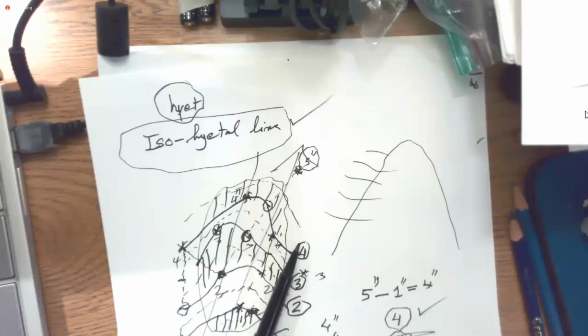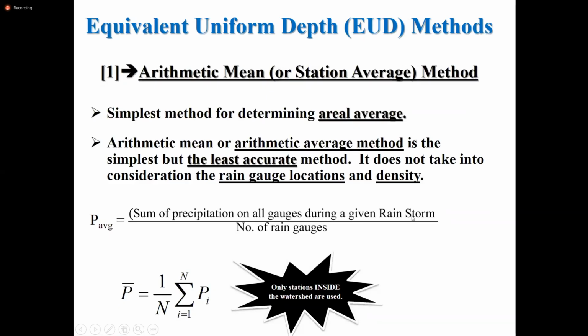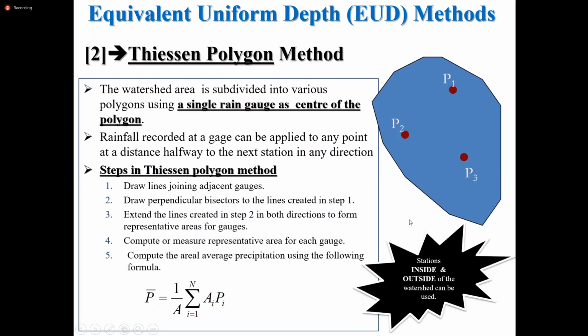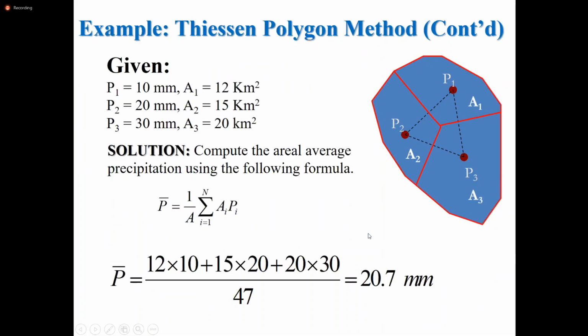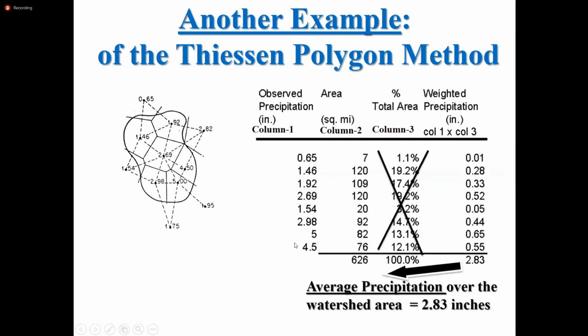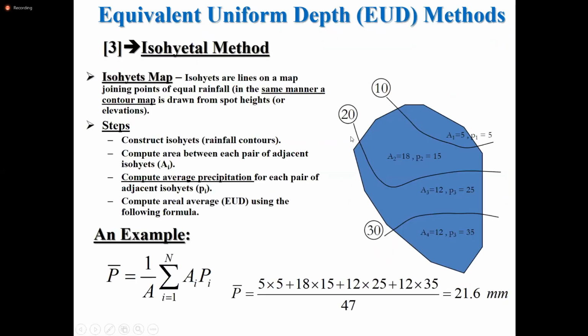So we are going back to the basics. Okay, arithmetic we did, polygon we did, and then we went through a procedure, this isohyetal.